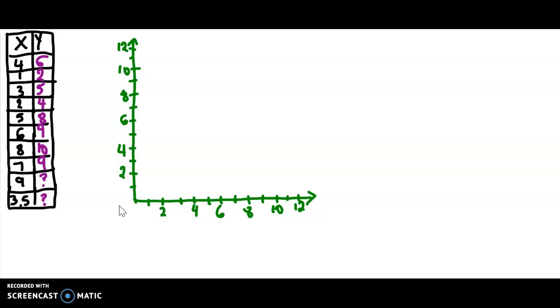So starting with 4, 6, it would be right here. 1, 2. Oops. All right, so let me erase the extra dots and go again. We have 1, 2 here.